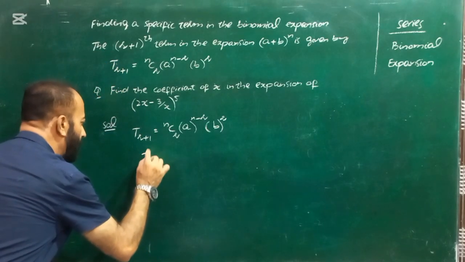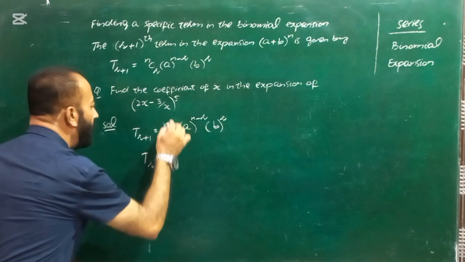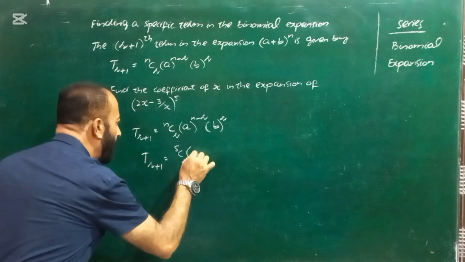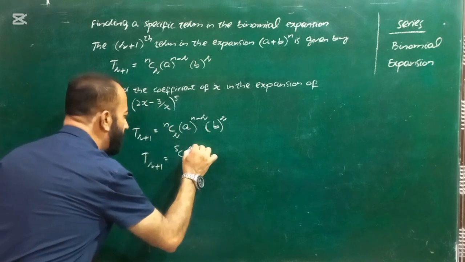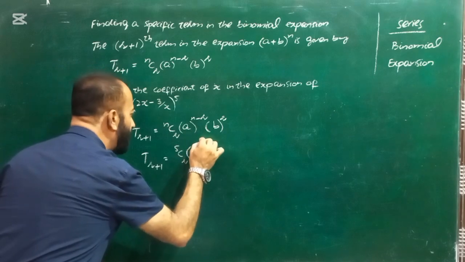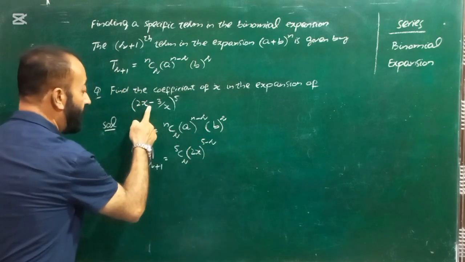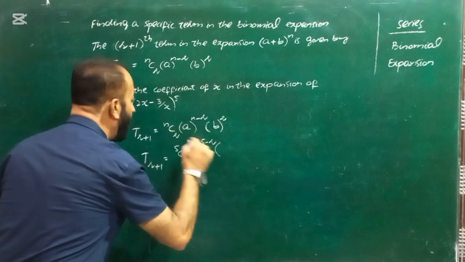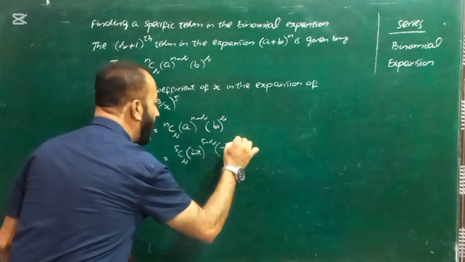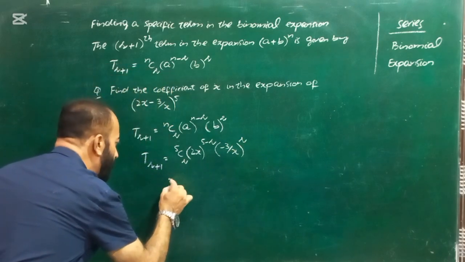So T(r+1) will remain as it is, equal to, n is 5, so 5Cr, a is 2x, raised to the power 5 minus r, and b, so be careful now, minus sign is there, so b is minus 3 over x, and the power is r. From here we will simplify it.